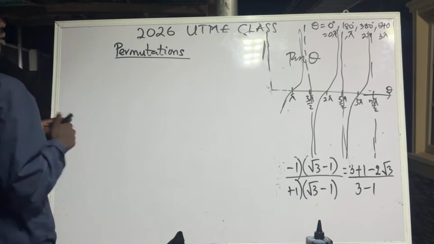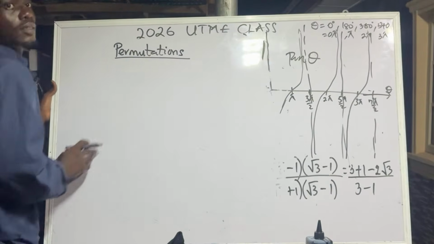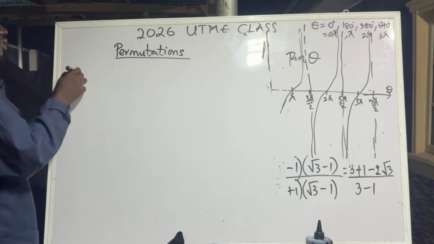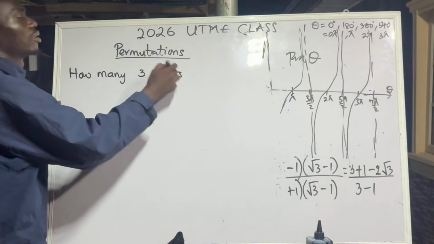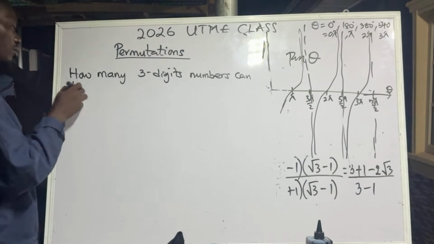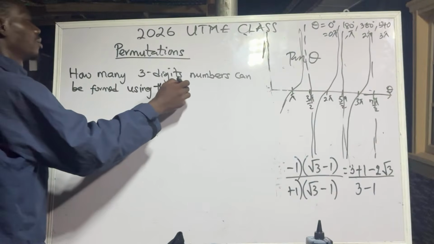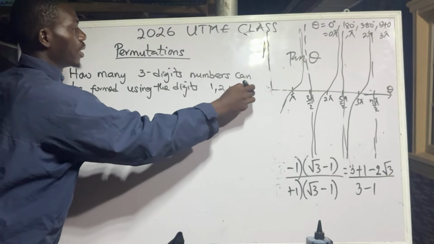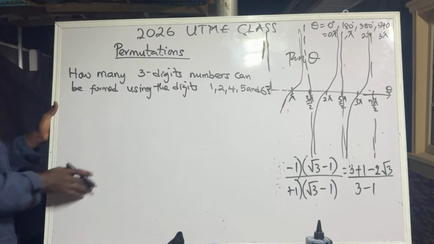Okay, what if it is probably this: how many 3-digit numbers can be formed using the digits 1, 2, 3, 4, 5, and 6?